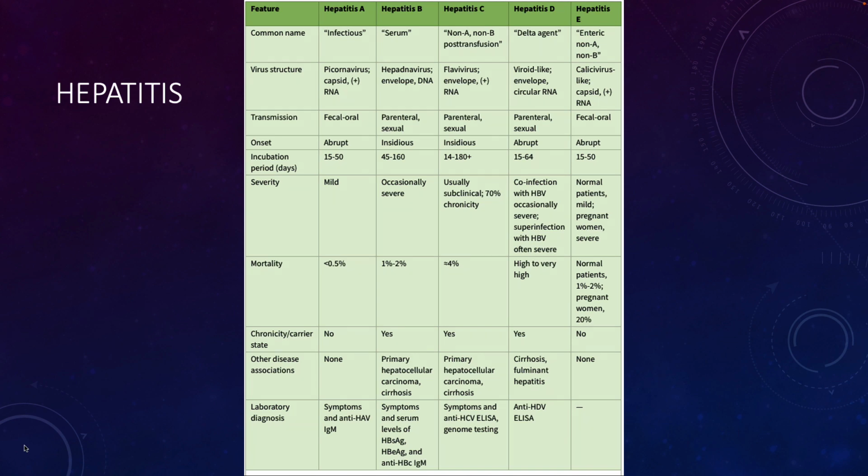They can be transmitted in different ways: fecal-oral, sexual, or bloodborne. The onset is different, severity is different, mortality is different, whether or not it's chronic, what other diseases could be associated with it, how it can be diagnosed, etc. So you can always come back to this table and get an idea of what these viruses really are.